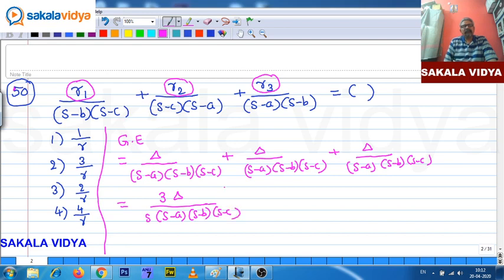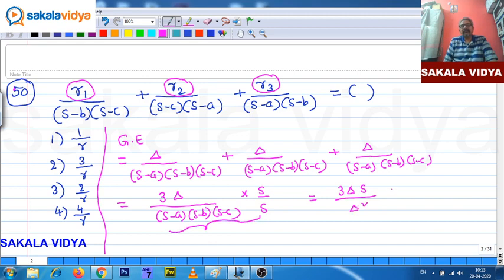Not s is there here, I have written directly s here. So now 3 delta by s minus a, s minus b, s minus c. Multiply and divide by s. So now we can write 3 delta s by s into s minus a, s minus b, s minus c, which is delta square.